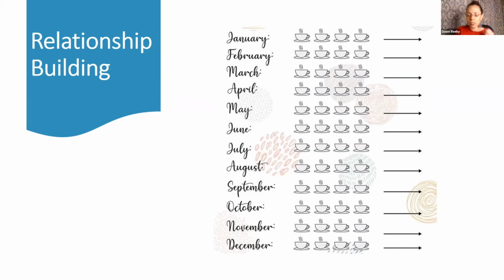Just get out there and make it happen. 1 a week, 4 a month is not that hard. Just say, my goal by the end of this year is to know all 100 of my officers, right? Know at least their favorite color or their favorite food or whatever it is. Just get to know them.